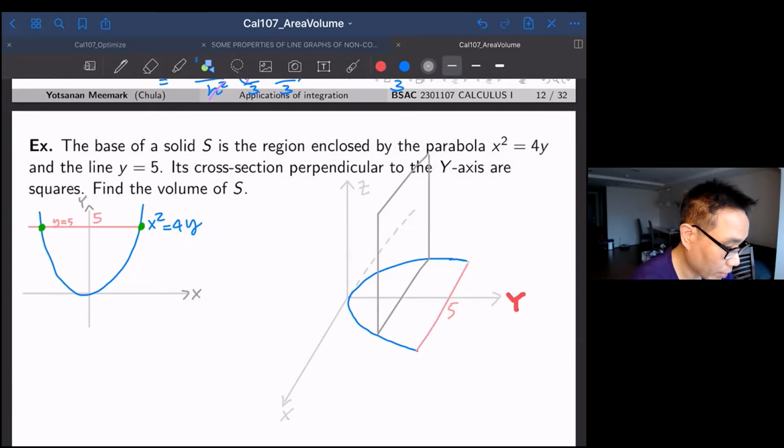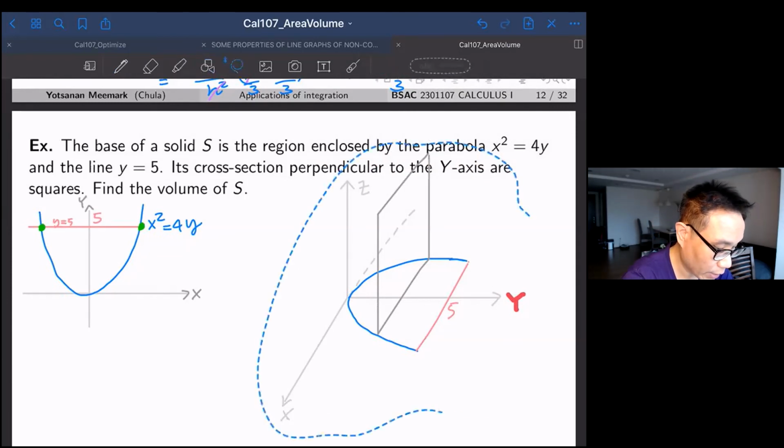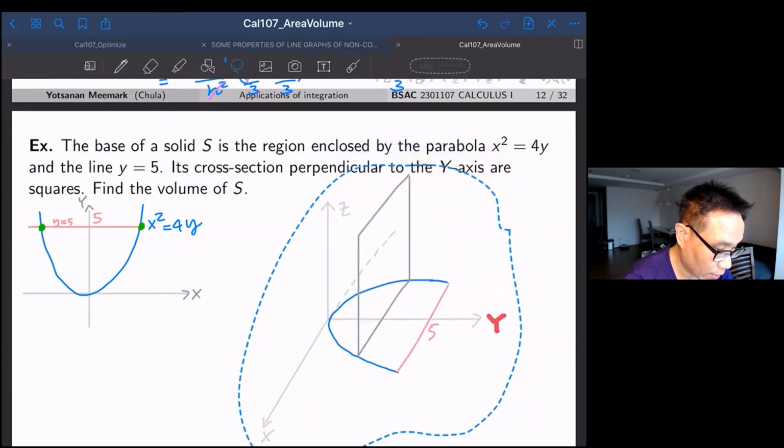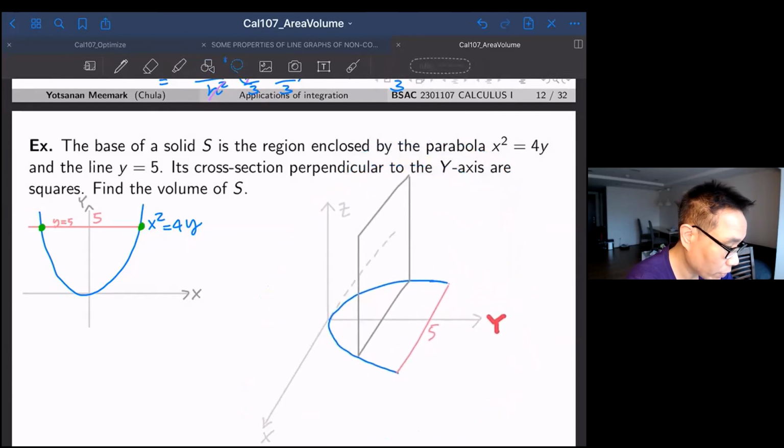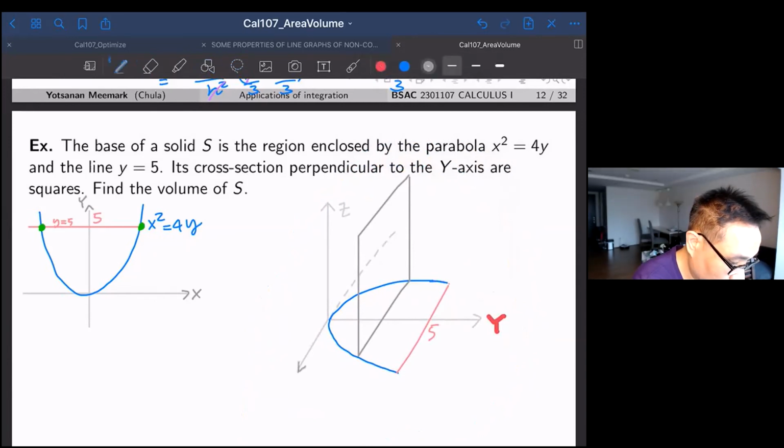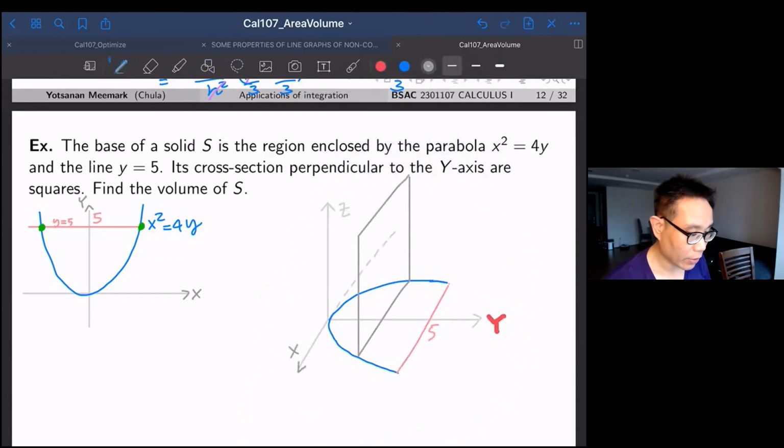Let me move the whole picture down, since I don't need this space. So I need x here, and you see that this is our square.